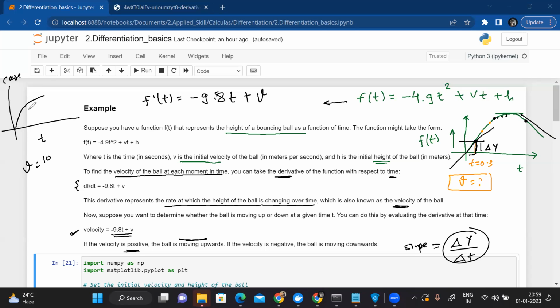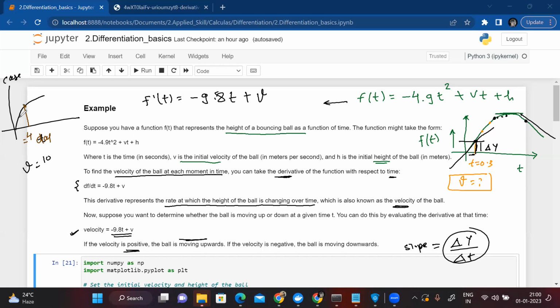Then I can ask what will be the rate at which cases are increasing at time 4. Let's suppose instead of time I'm making it day. So at day 4, what will be the rate of change by which cases are increasing?